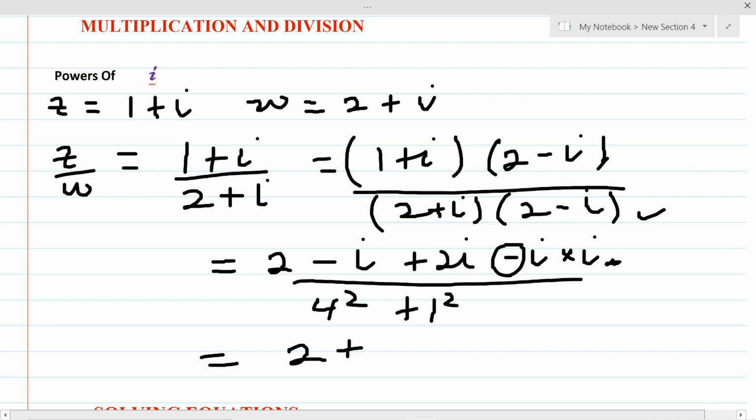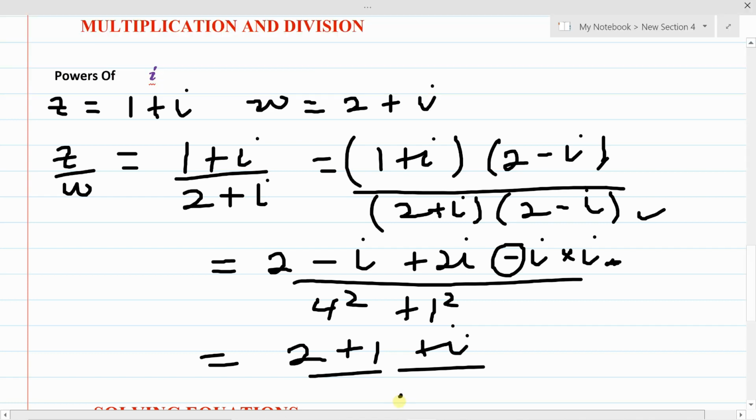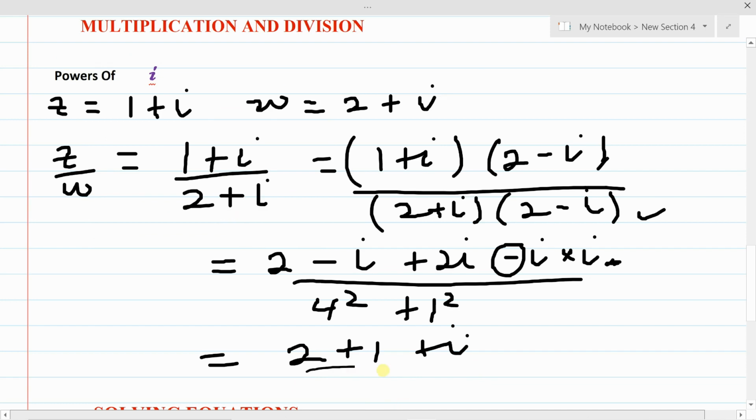So 2 plus 1 gives us 3, then plus i, all over 5. This is equal to 3 plus i over 5.